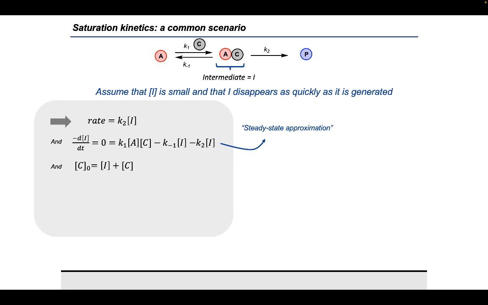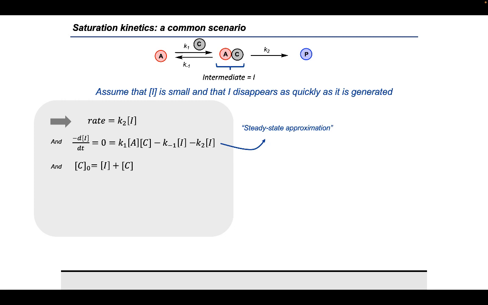Now we subtract the processes that deplete the concentration of intermediate I, that is the debinding interaction with rate constant k minus 1, which of course is also dependent on the concentration of I, as well as the productive reaction, which takes place with rate constant k2.